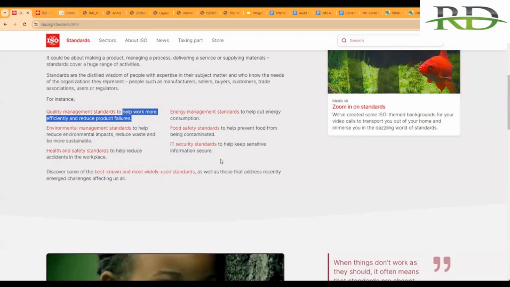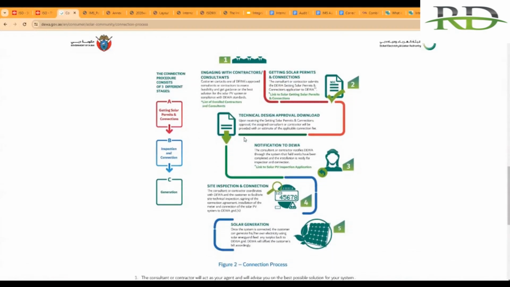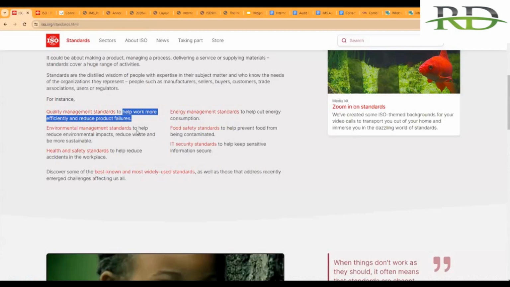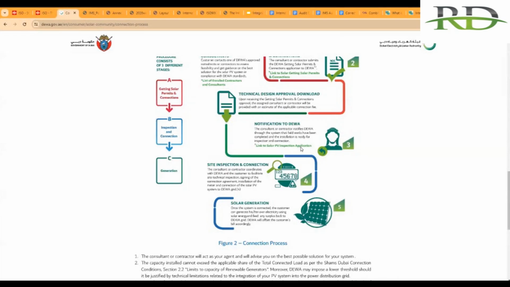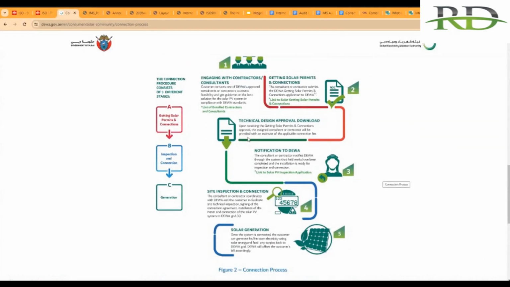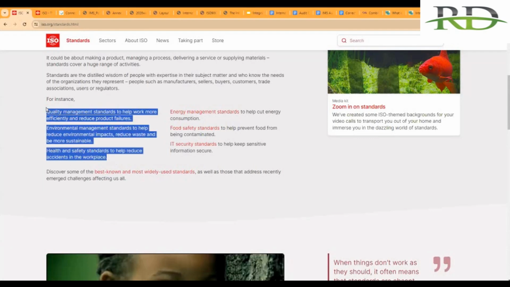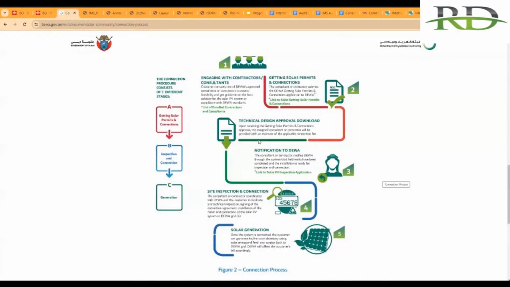And then in this process of solar panel connection, you also have a system to help reduce environmental impacts, reduce waste and become more sustainable. In this process in your organization, you also have a system to reduce accidents in the workplace. So that means you have 3 systems in this process right here.